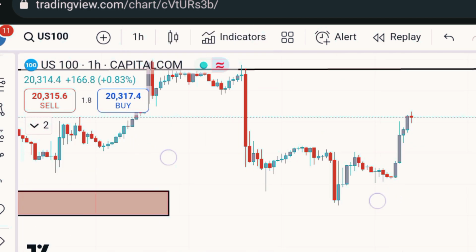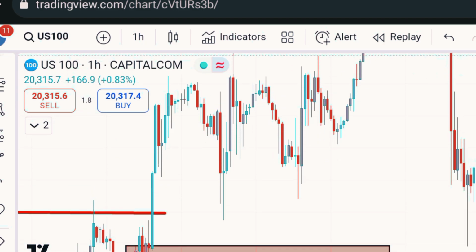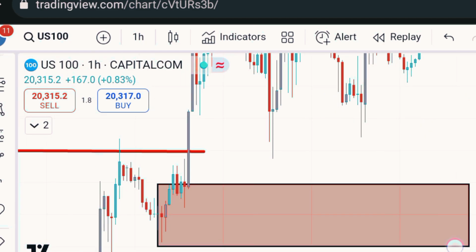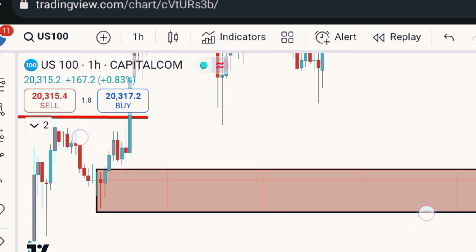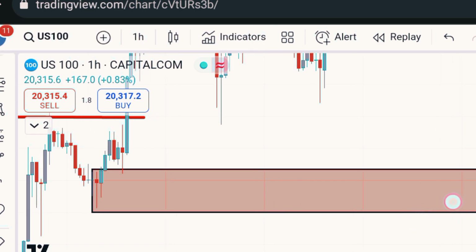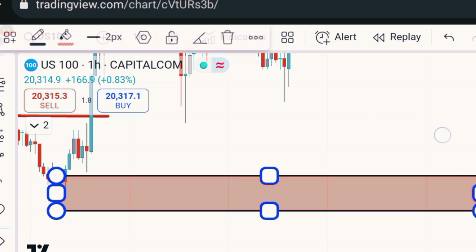I have to make sure that on this very zone which I marked, I move down to the H1 candle inside this zone to mark out my OB, the last down candle before the break of structure to the upside, which is this very one.